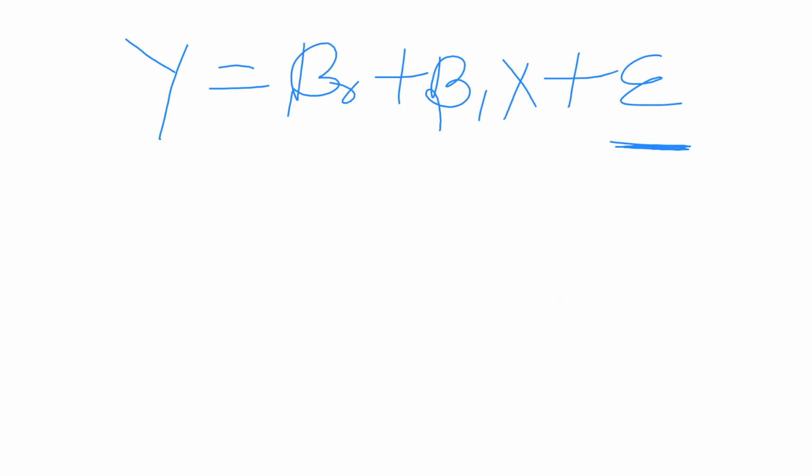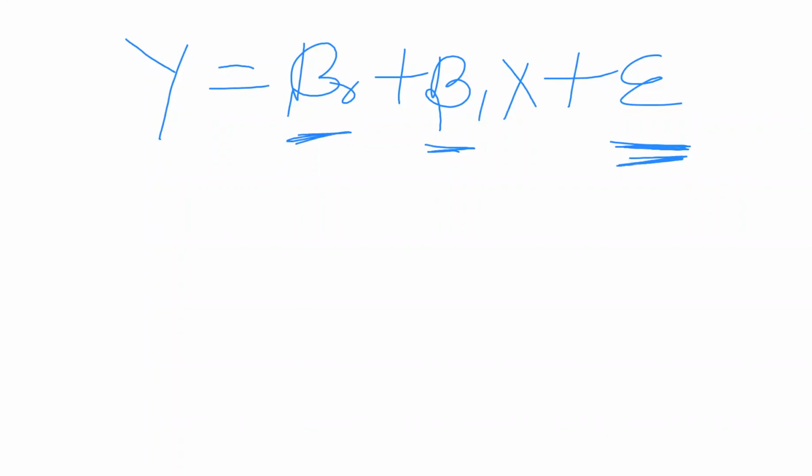There are deviations of the individual scores from the mean or from the expected value. They deviate, so you have to reduce those errors. In short, we are looking for the values of beta 1 and beta naught that minimize the error term.